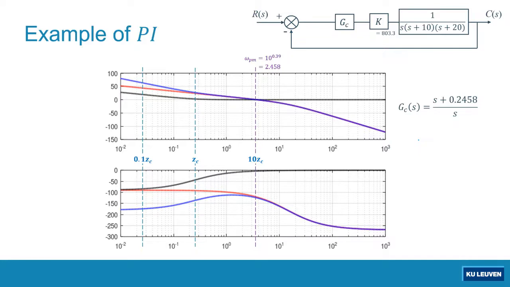Actually, if I want to be honest, designing a controller is an iterative process. Once you have already completed this PI controller, you might want to check once more whether all of the requirements are fulfilled or not.